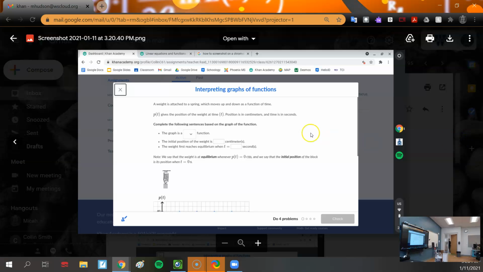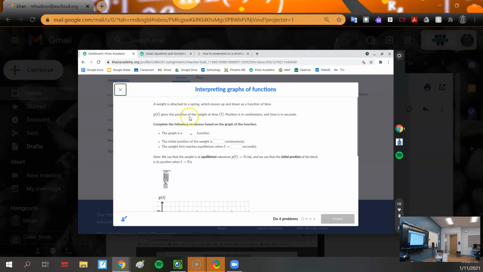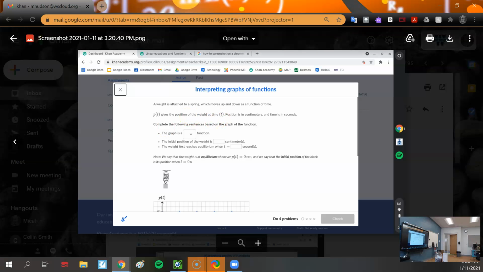Its location, P of T gives the position, we'll say position instead of location, position of the weight at time T. It goes back and forth, right? Like, I bet you could figure that out on your own.